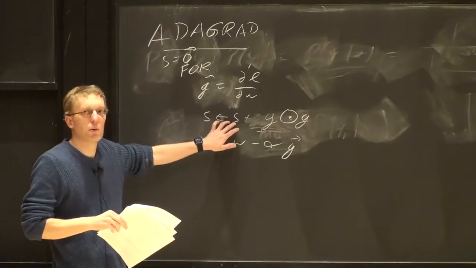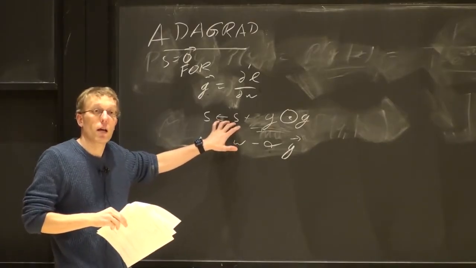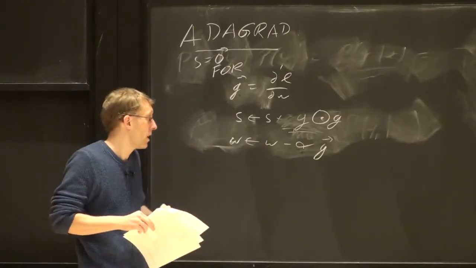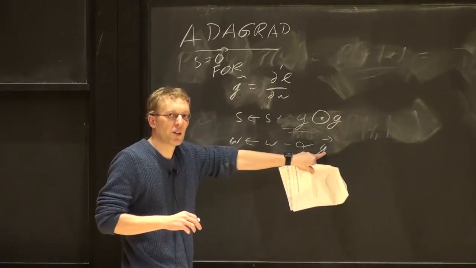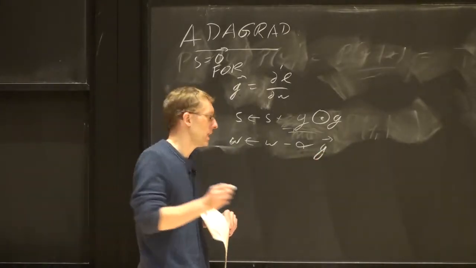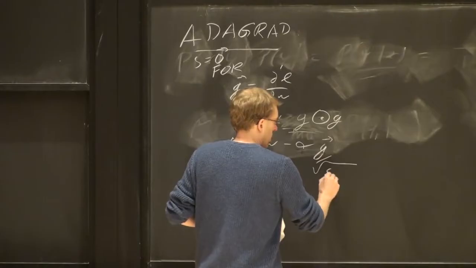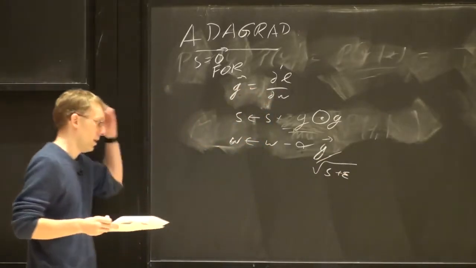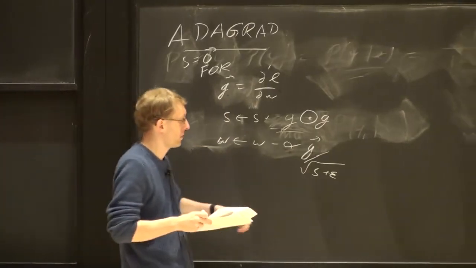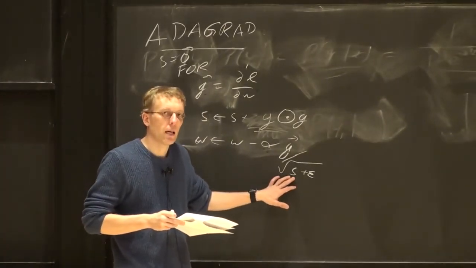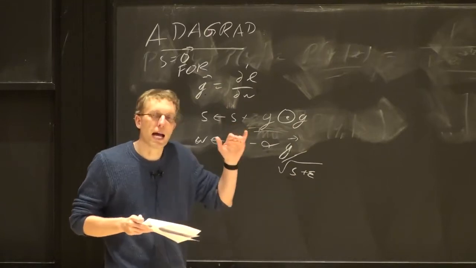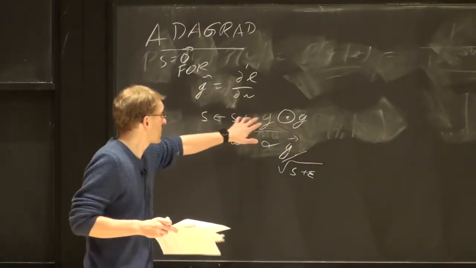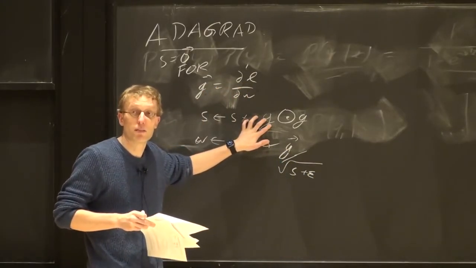So what you're doing is you keep track of, on average, how large the gradient was in past steps. And then you take the gradient that you have, and element-wise, you divide it by the square root of the sum plus some epsilon. So essentially what this means is, when in the past I had a feature where the gradient was very, very large, then this is very, very large, because I square it and I sum over all the different changes.